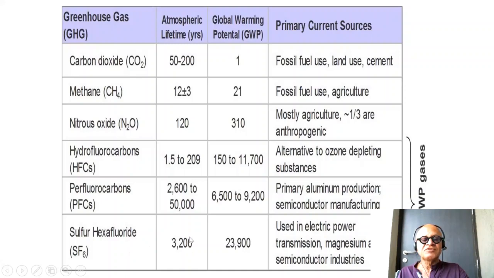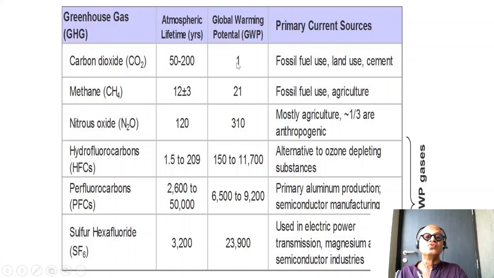Sulfur hexafluoride, which is a product of cooling and refrigeration, is 3,200 years. So this is the relative impact on global warming the other gases would have over something like 100 years. As I mentioned, it's not a very solid measure because CO2 exists for a longer time and so on, but it's a good indication that methane is much more powerful as a greenhouse gas than CO2.